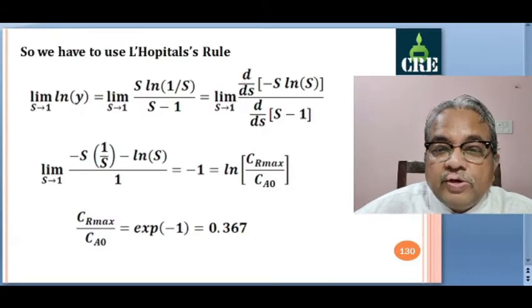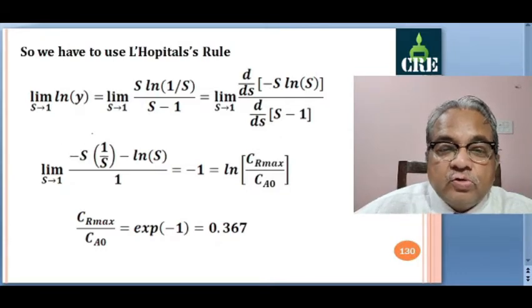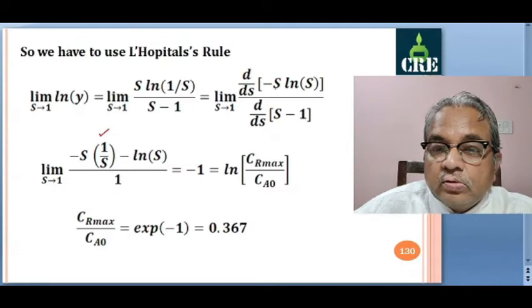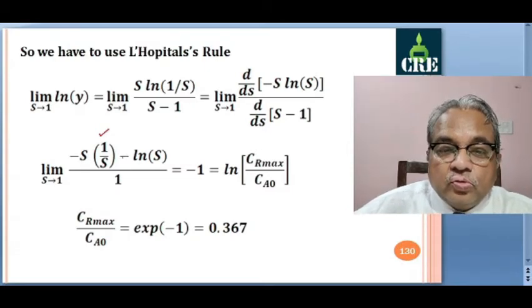So derivative of this is first function, minus S, into derivative of second, which is 1 upon S, minus second function into derivative of first function, that is 1. So this we get here.